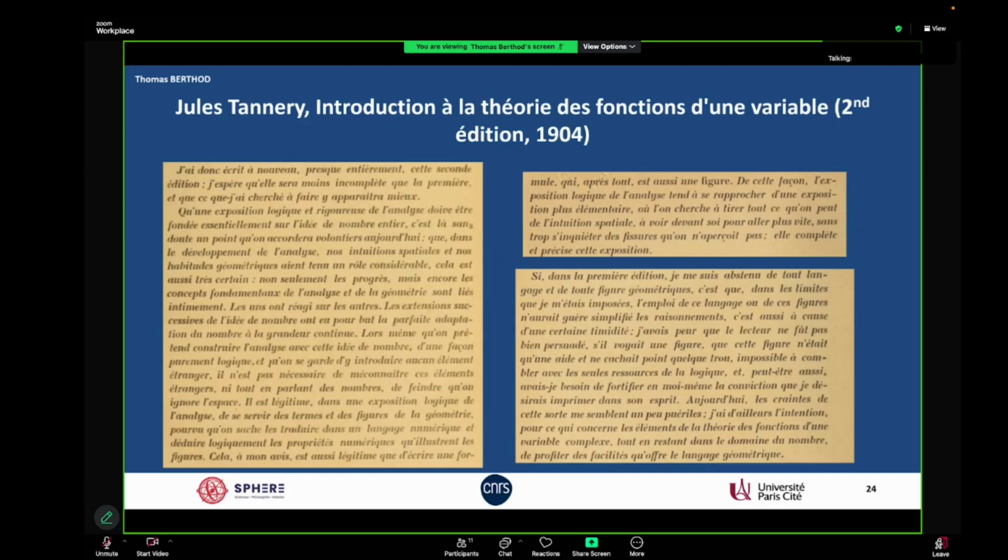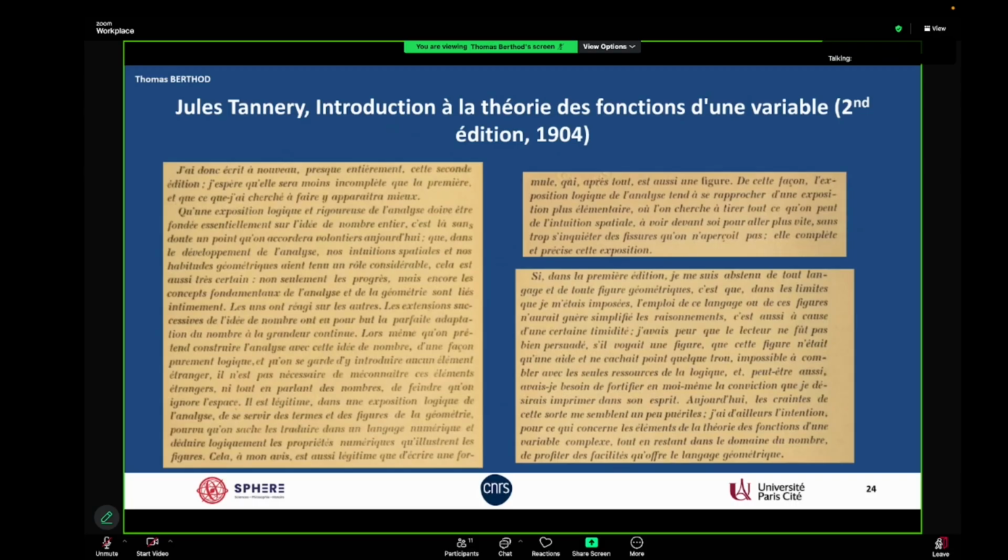And in fact, we could see an evolution in the position of Tannery about the use of diagrams or figures in analysis between his review before and after his review, because we have this book, Introduction à la théorie des fonctions d'une variable, a famous book of Jules Tannery.